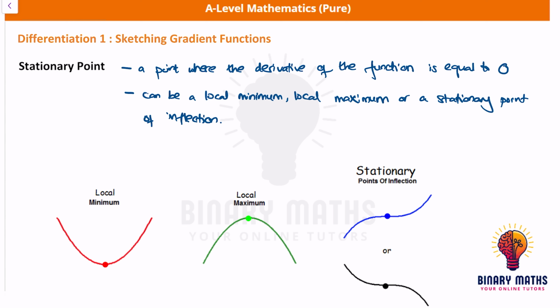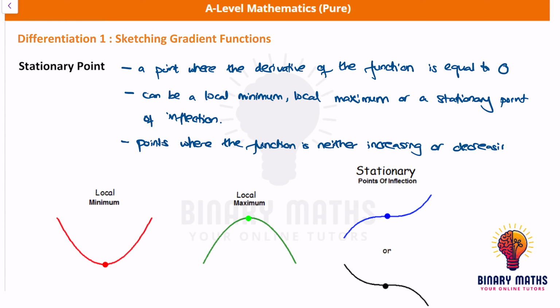So it's defined to be one of these three things. And it also can be defined to be points where the function is neither increasing or decreasing.